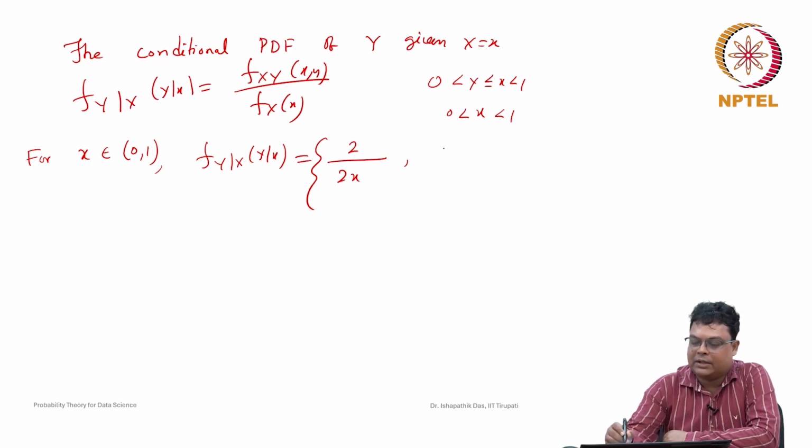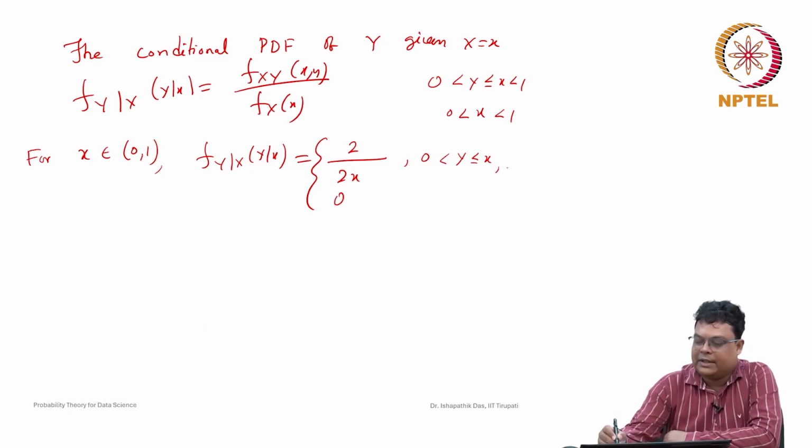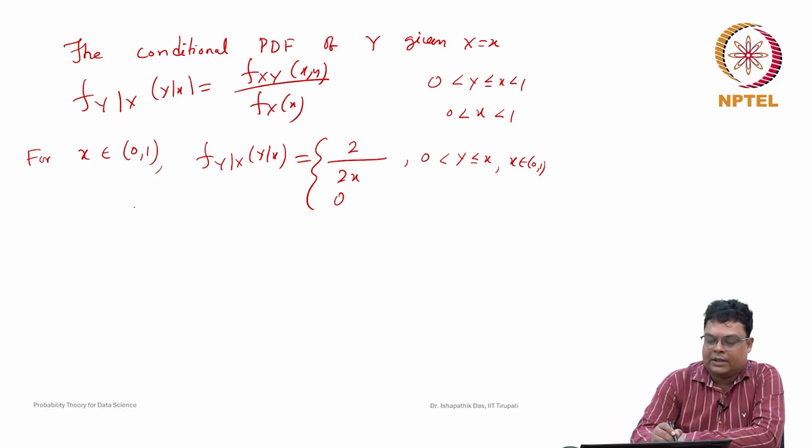If you take the intersection of both ranges, y is less than or equal to x. Otherwise it is 0.